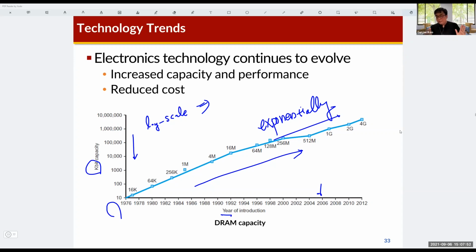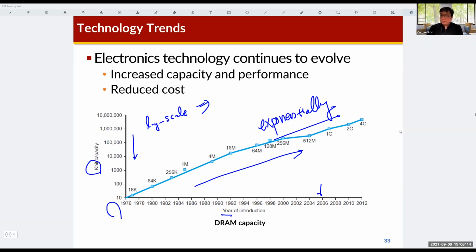So capacity increases exponentially. That means the size of the transistor shrinks year by year. And then when the transistor size shrinks, the density of the chip increases exponentially.